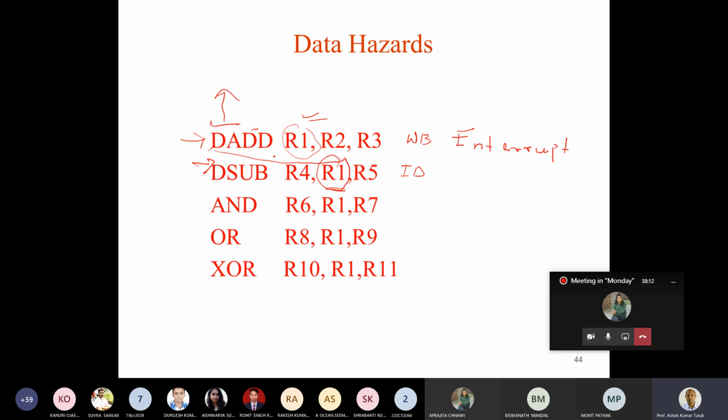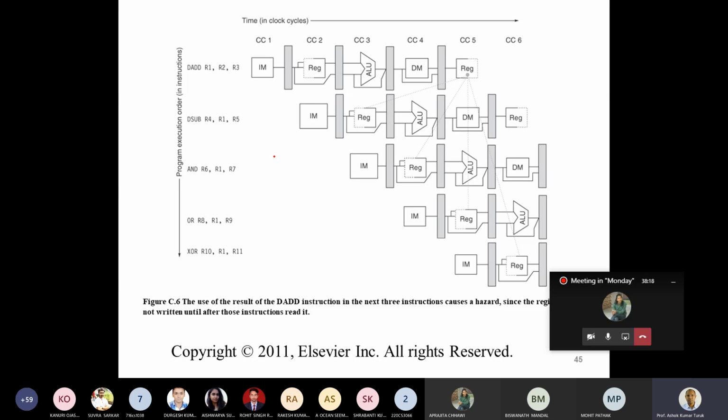So let's look at how this is being executed. The add instruction completes in clock cycle 5.